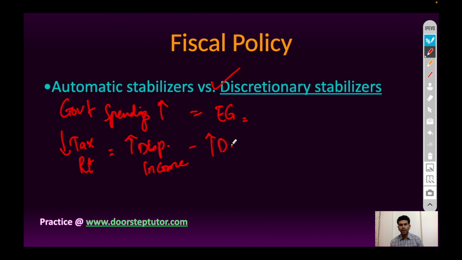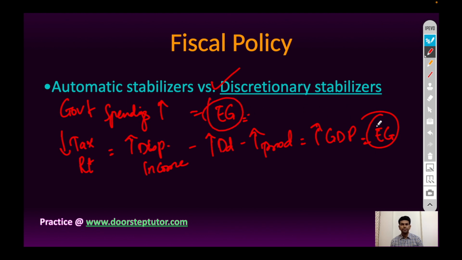People will start demanding more, businessmen will start producing more, there will be growth in GDP, and ultimately economic growth. So the government influences the economy either by changing the level of tax or types of tax, or by changing spendings.